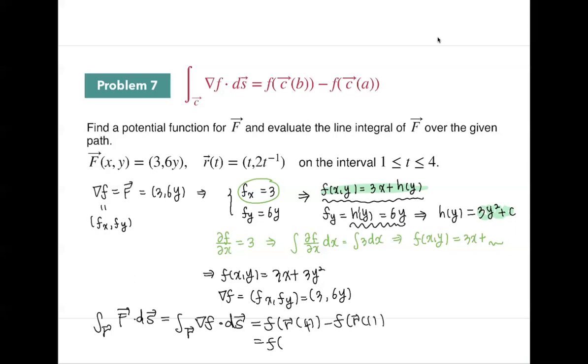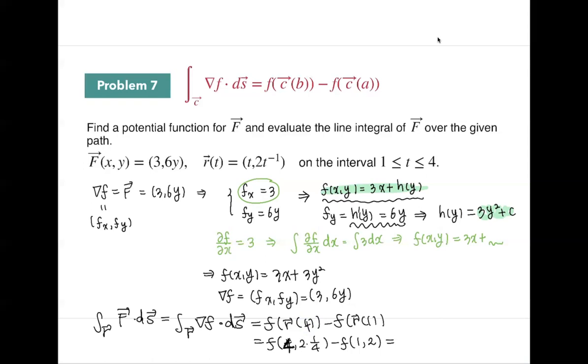So you put t equal to 4 here, then you get the end point 4 comma 2 times 1 over 4, minus f of the start point, which is 1 comma 2 here. So if we put them, why is it 1? It is not 1. We can put t equal to 4 here, so it must be 4.